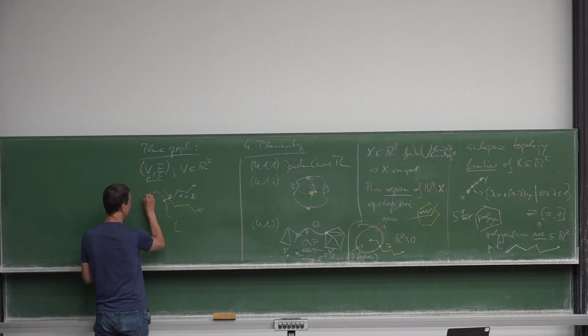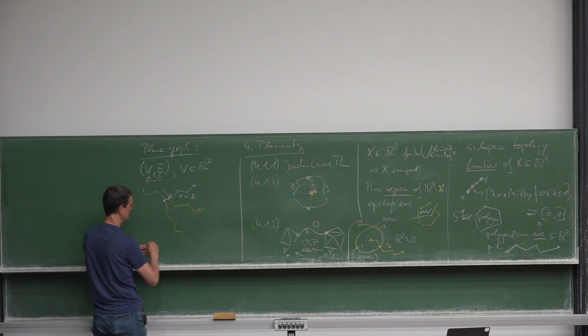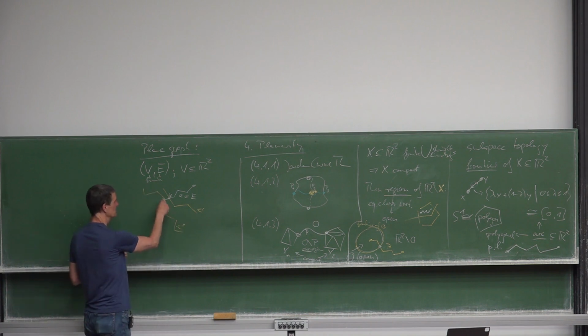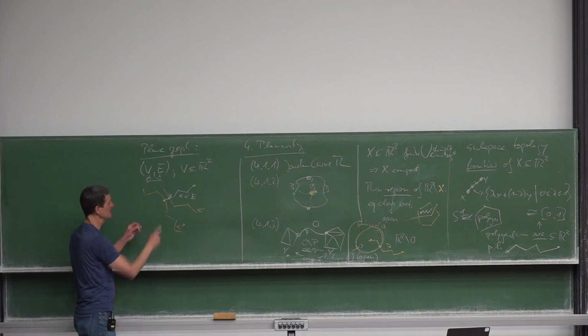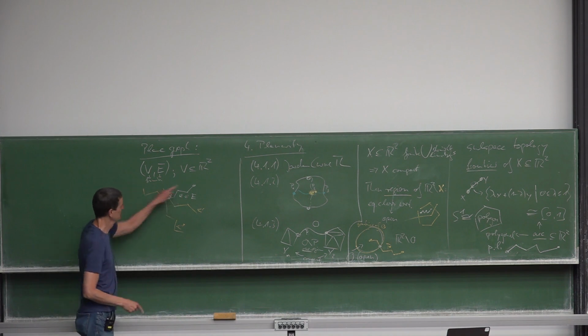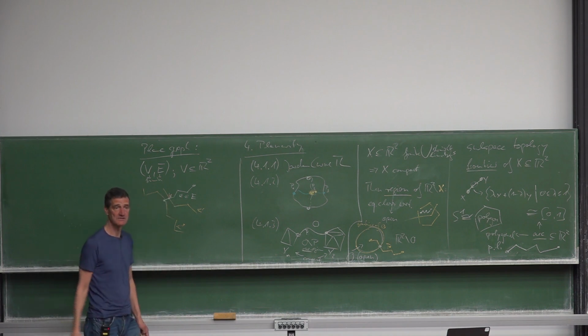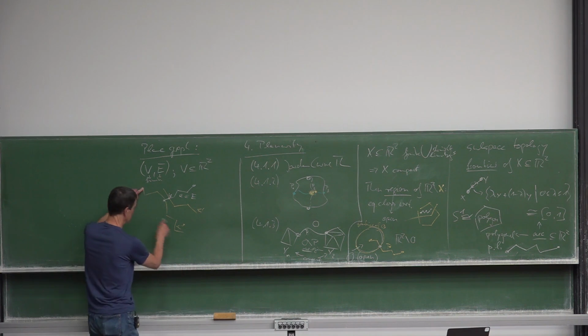One of these polygonal arcs is not allowed to contain, as an inner point, a vertex that is not one of its endpoints. Well, it's not allowed to contain its endpoints as inner points either.